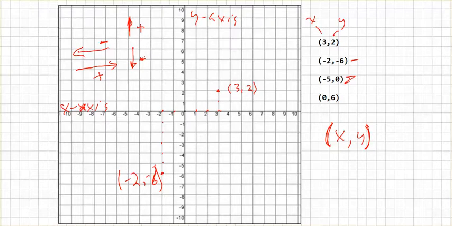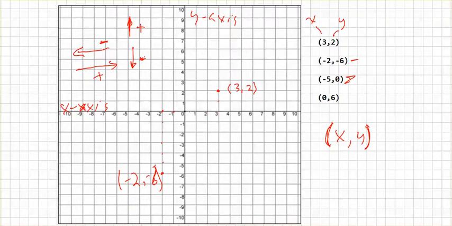The third one, -5, 0. So we go down -5, so -1, -2, -3, -4, -5, and that is the only point. So that would be, oh no, that is not right. I went the wrong direction. -5 is on the x-axis, so even I make mistakes once in a while.